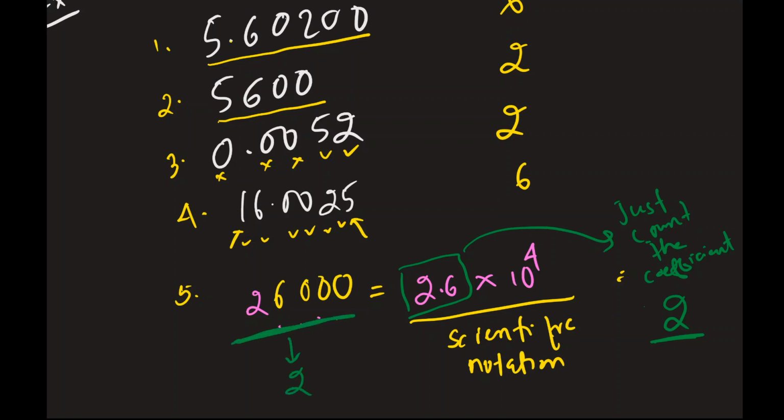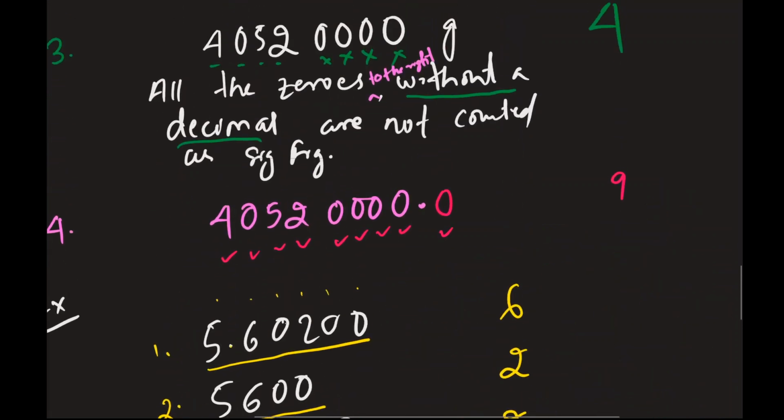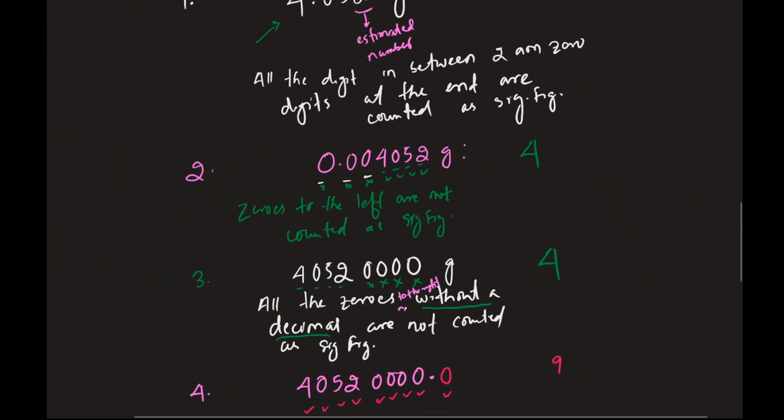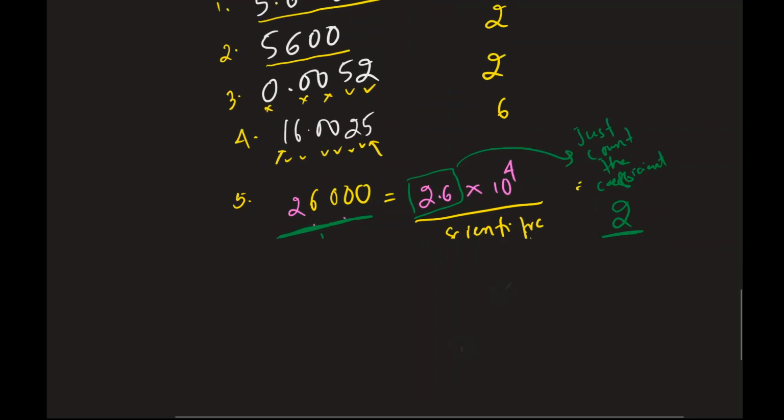Also 2. So by converting a regular number to a scientific number, you don't change the number of sig figs. You have to maintain the number of sig figs. All right, so that's a review of sig figs. If you just know some of these basic rules, it will be pretty easy for you to calculate the sig figs. All right, so now we're going to learn operations.